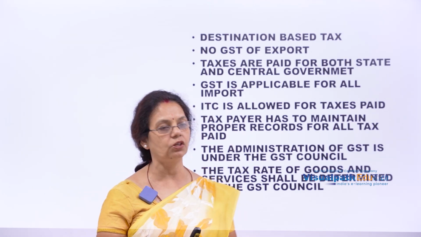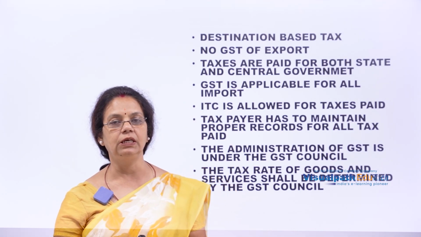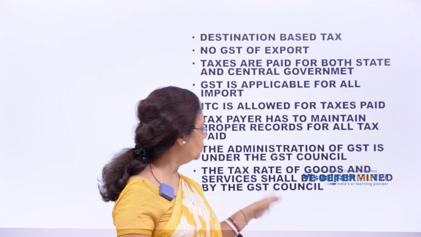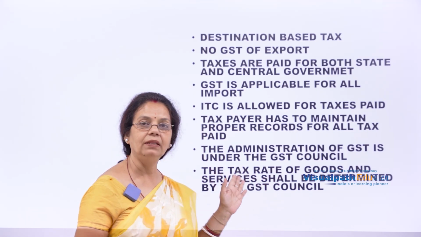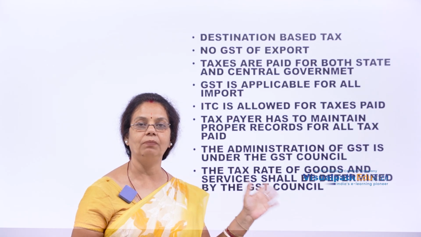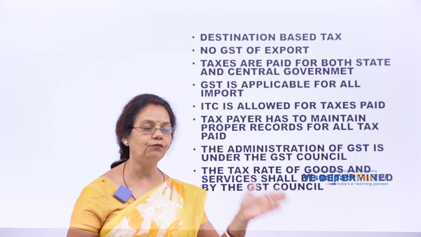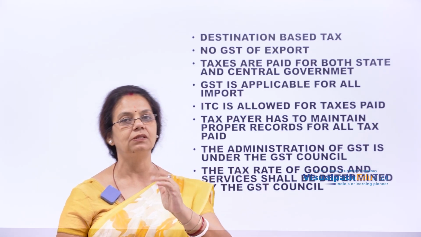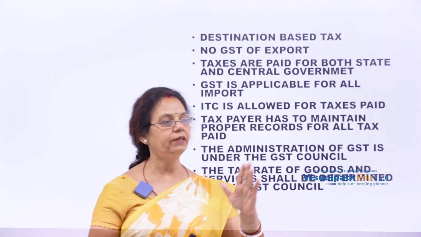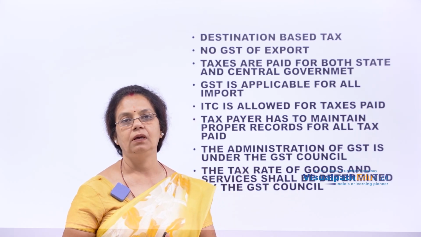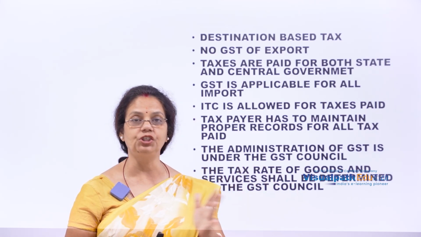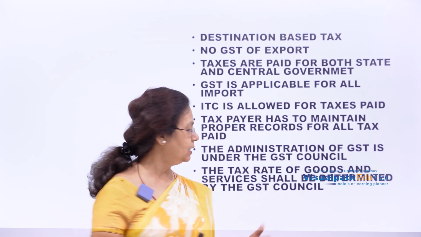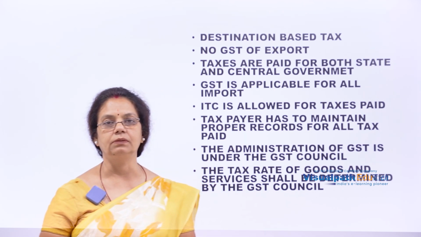As I told you, not only controlling the GST, the GST Council has also determined the rate of taxes for different businesses, for different products. It varies from person to person, it varies from product to product. And this variation has been determined by the GST Council.